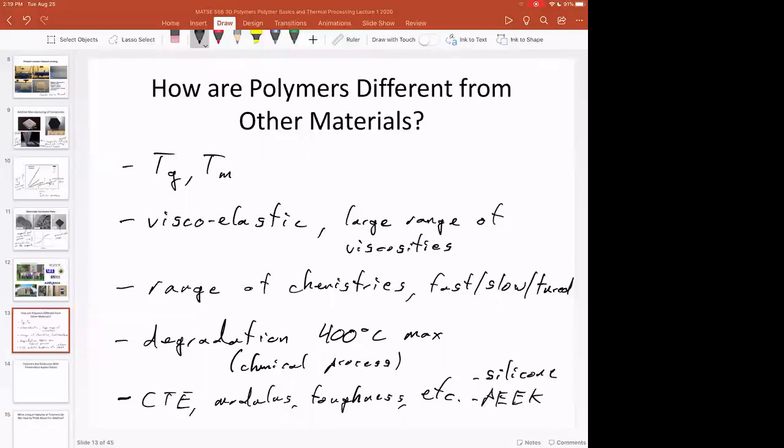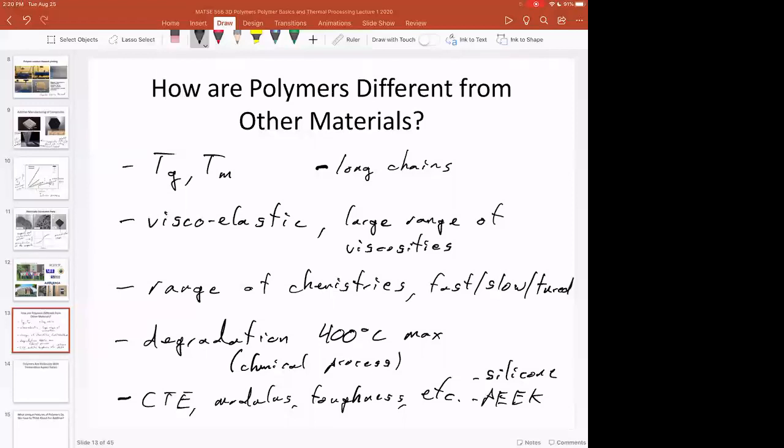And finally, I just want to mention on this slide that polymers are really unique compared to other materials because they are long chains. And that long chain nature of polymers is really important because that determines the viscoelastic nature of polymers.